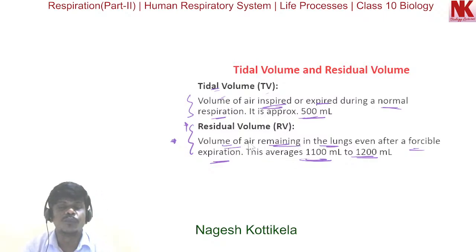It is the volume of air remaining in the lungs even after a forcible expiration, and it is on average 1100 ml to 1200 ml. Now, what is the importance of this residual volume?